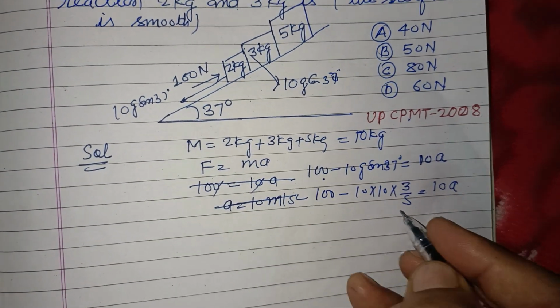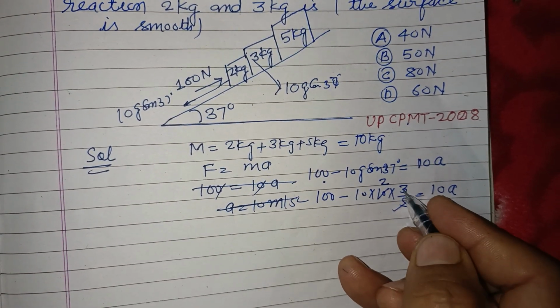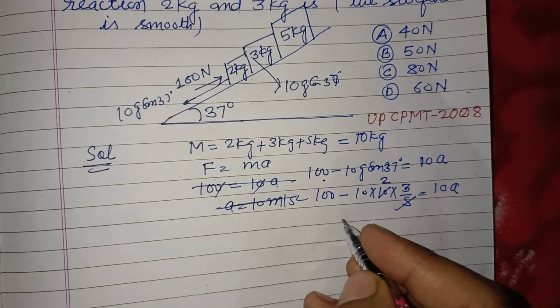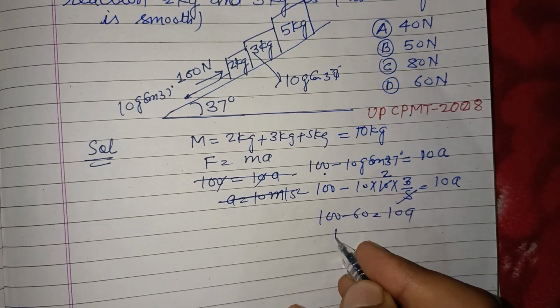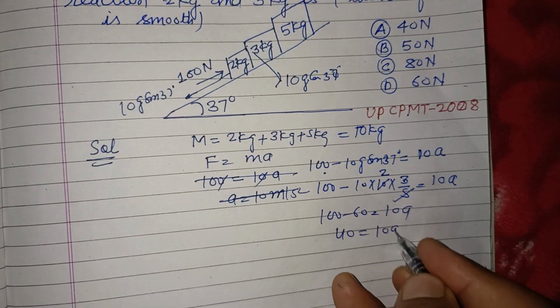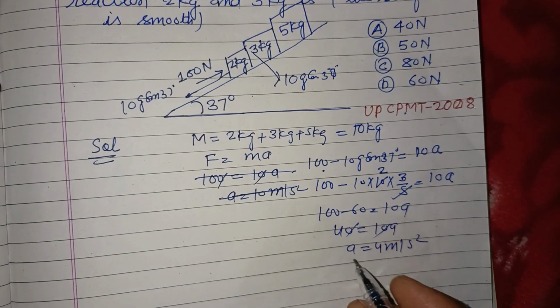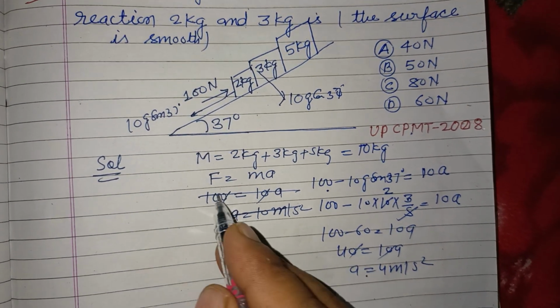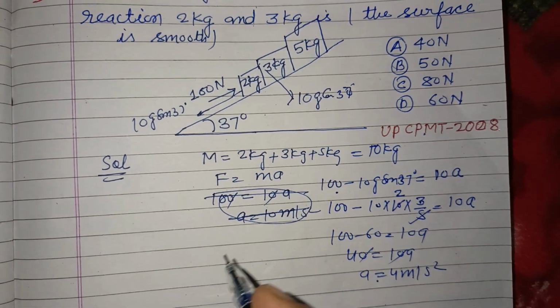So this is 10a. 5 2s are 10, 2 10s are 20, 3 20s are 60. So 100 minus 60 equals 10a. This is 40 equals 10a, and a equals 4 meter per second square. So 4 meter per second square is the acceleration of the system.